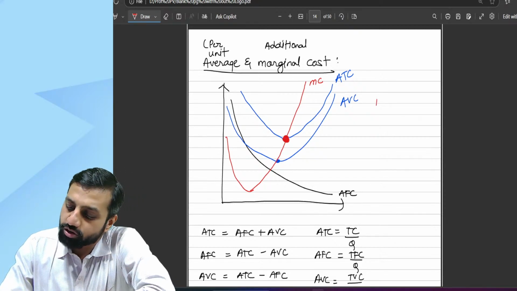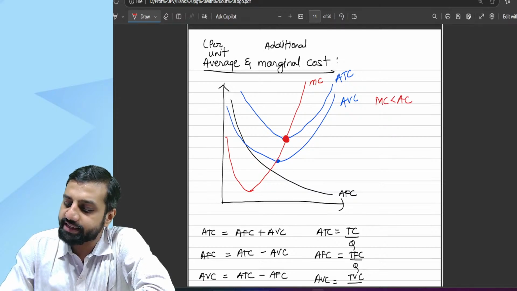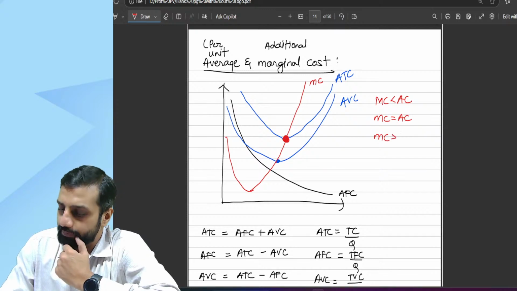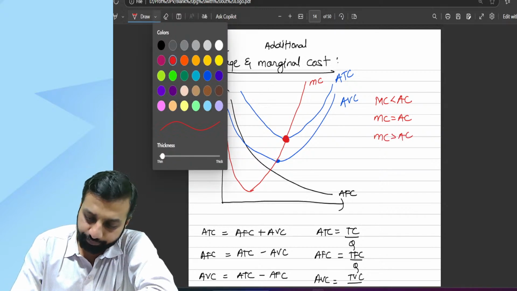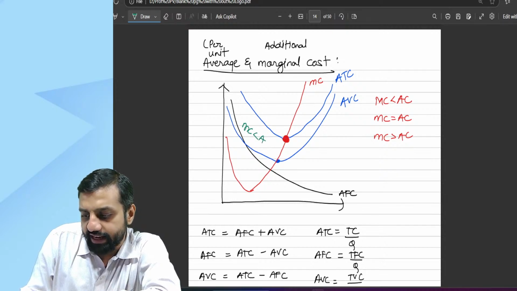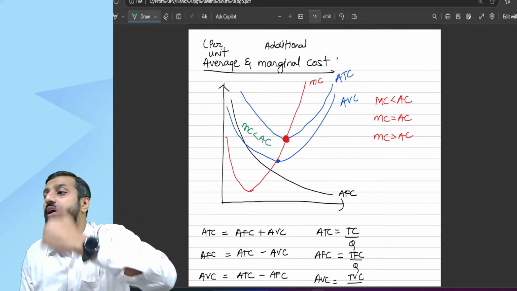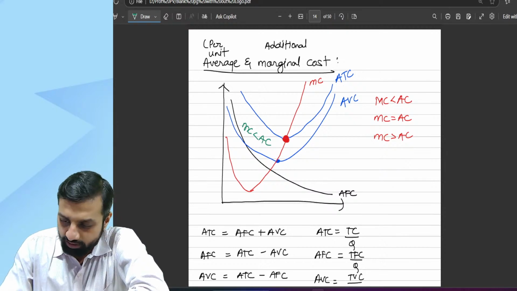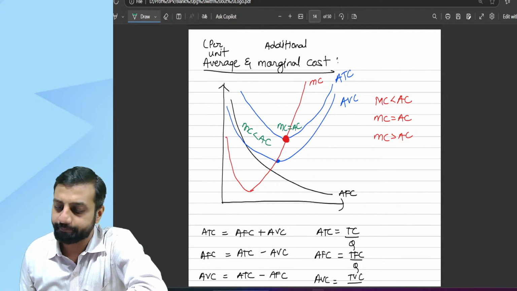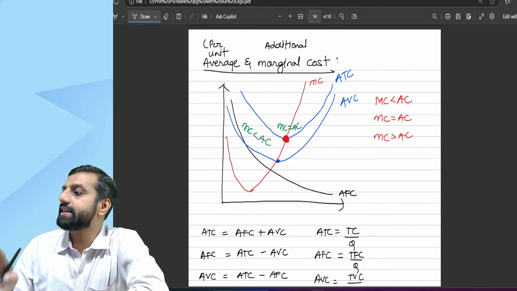So over here also we can have MC less than AC, then MC equal to AC, and then MC greater than AC. So over here MC is less than AC. MC is below the AC curve. Then here we have MC equal to AC, where AC is minimum.